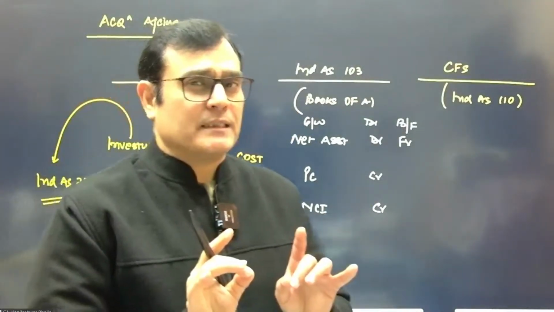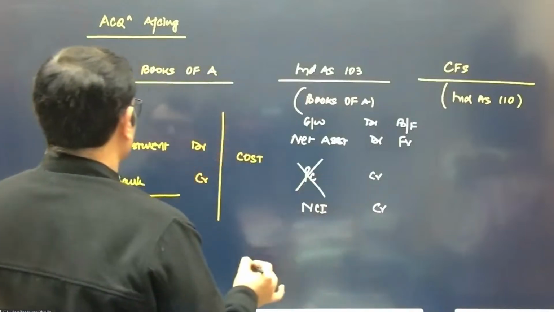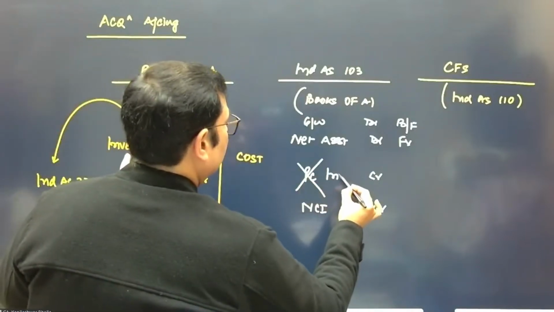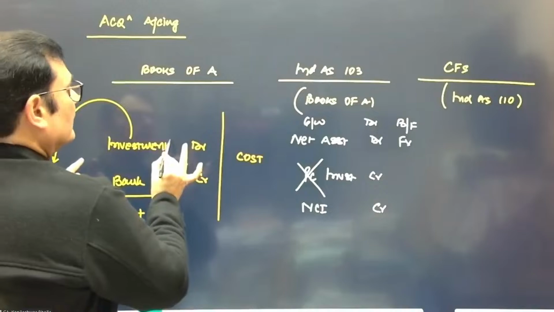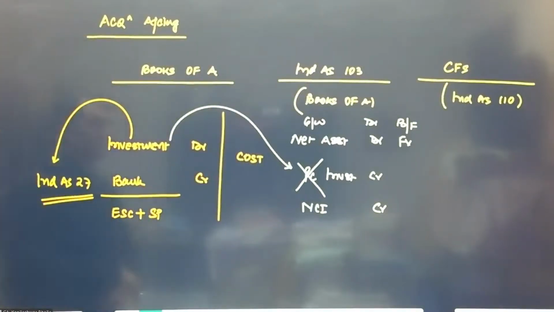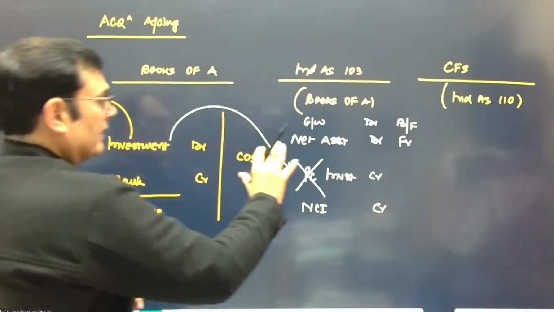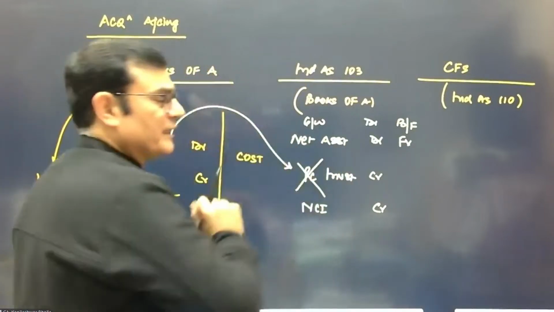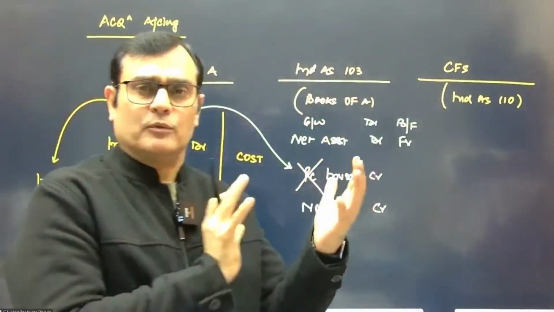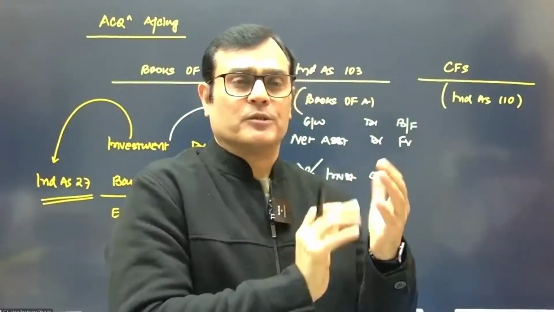Now, my advice is that instead of recording this purchase consideration, why not give a credit to the investment, which is already created in the books of accounts? You did the entry investment debit, and now you've given an entry investment credit. Now merge the two entries under Ind AS 27 and under Ind AS 103.